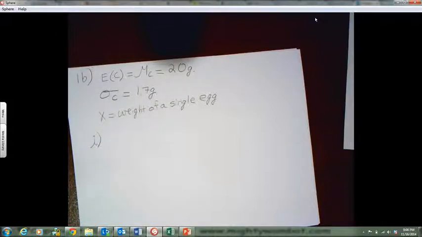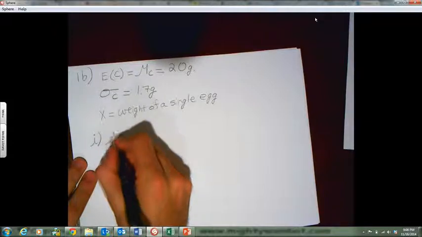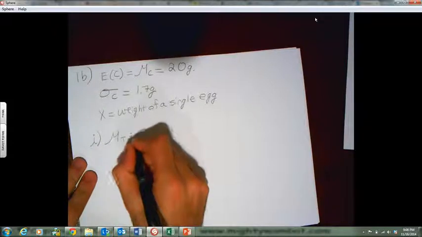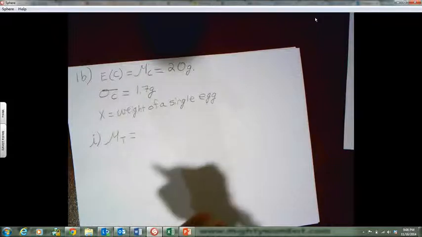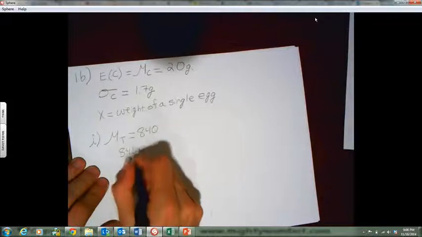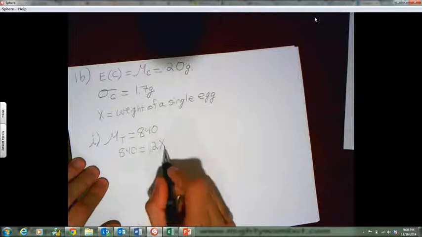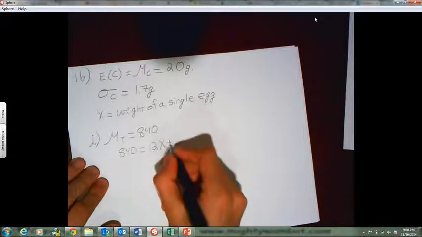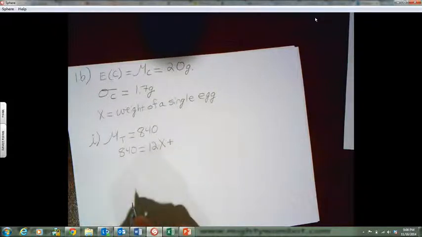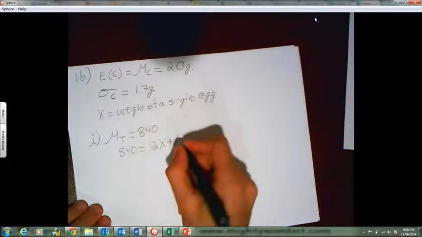Well, I know that the mean of the total, which is the carton plus the eggs, is 840. So 840 must equal 12 times the eggs, because there are 12 eggs, plus the weight of the carton by itself, which is 20 grams.